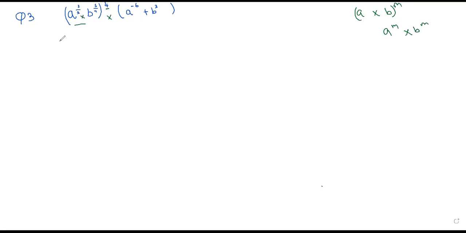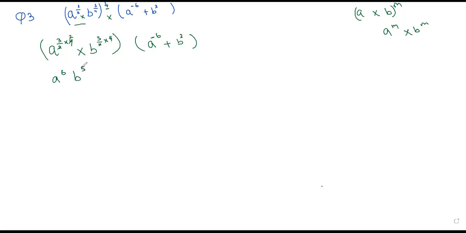So it would be a to the power 3 by 2 multiplied by 4, multiplied by b to the power 5 by 4 multiplied by 4. This is the first bracket, and the second one would come as it is because it's already simplified. We don't need to simplify it further. And 4 and 2 can be cancelled. This would give you a to the power 6. And this 4 and this 4 can be cancelled, and this will give you b to the power 5.